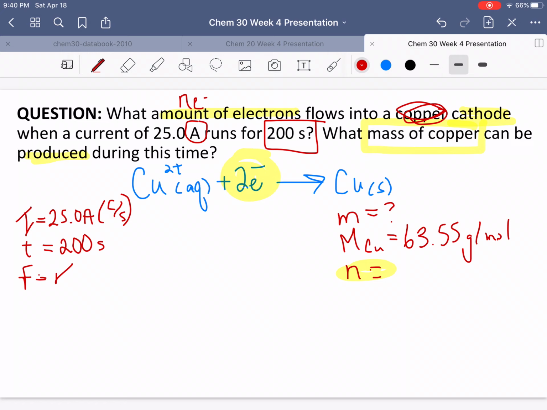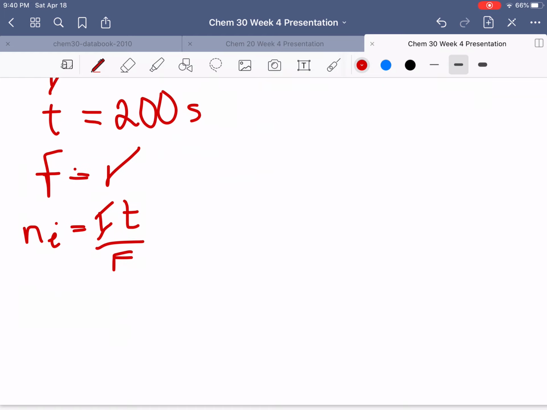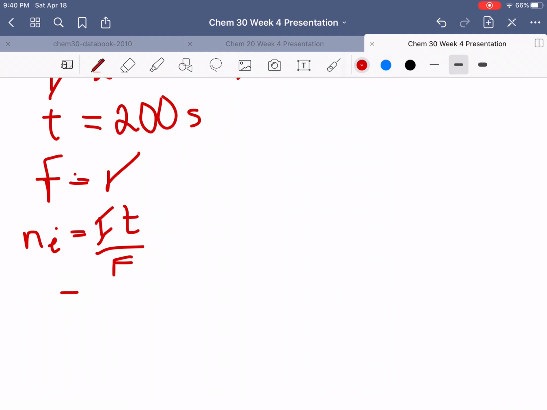Look at what this comes down to then. Based upon all three of those, I can now use my new formula. Number of moles, N, of electrons is equal to the current I times the time divided by Faraday's constant. Start plugging in what you know. Our current, 25.0. Again, I'm going to write this as coulombs per second instead of amps.